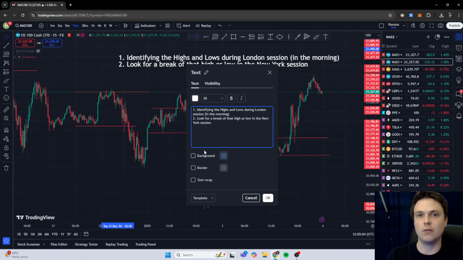So you will need to watch your charts during that 1 or 2 hour window, maybe an hour before New York until an hour after the New York session. And then we're going to identify the order block / fair value gap.